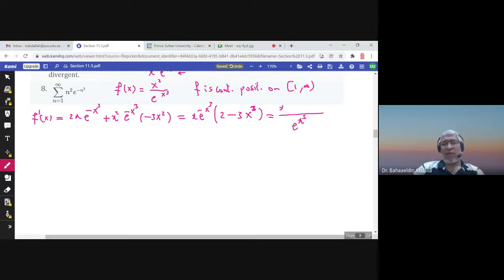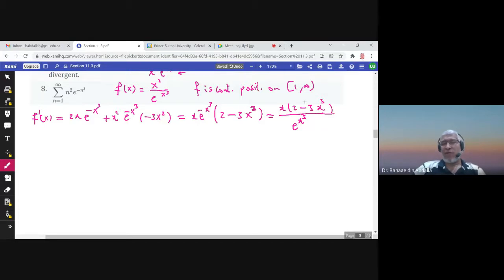Now the denominator is always positive, so the sign depends on the numerator. x equals 0 is a zero of the numerator, but from 1 to infinity it is also positive. I'm considering only from 1 to infinity.